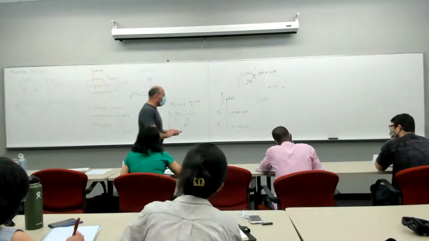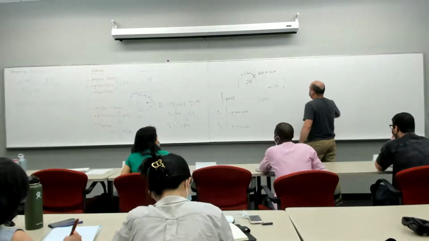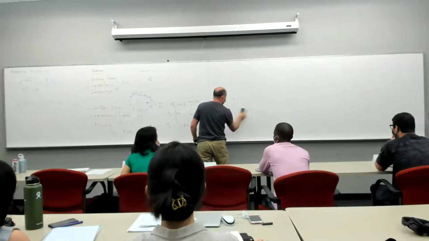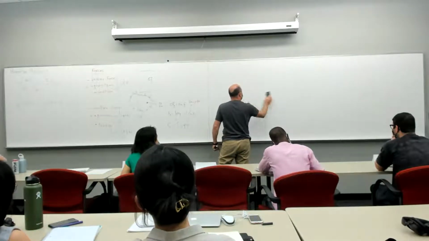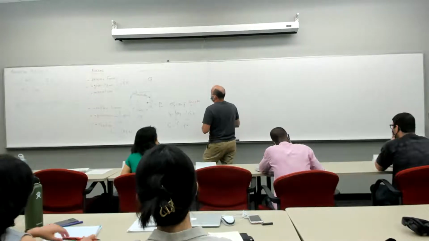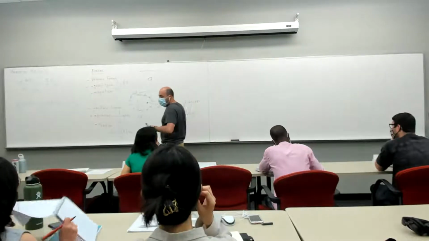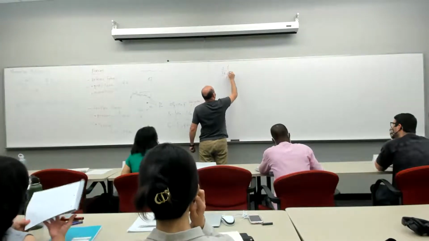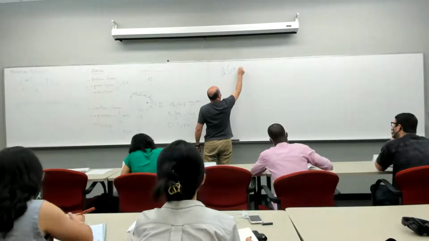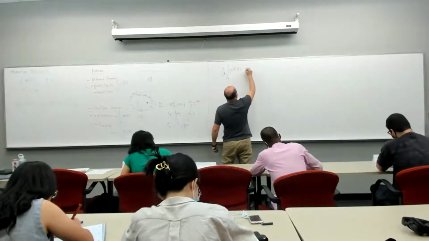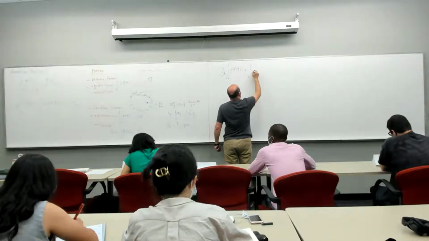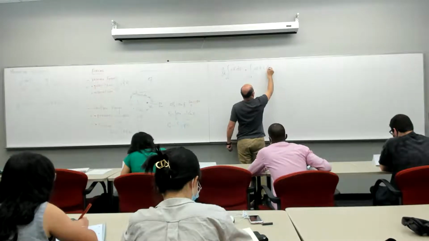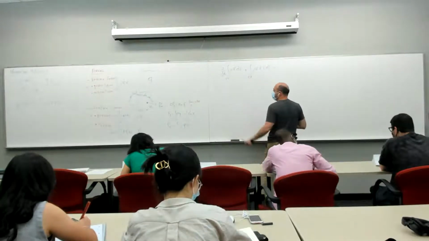So when you plug everything in, you get d by dt integral of rho u dv over the control volume plus integral over the control surface of rho u dot n ds equal to the summation of forces.